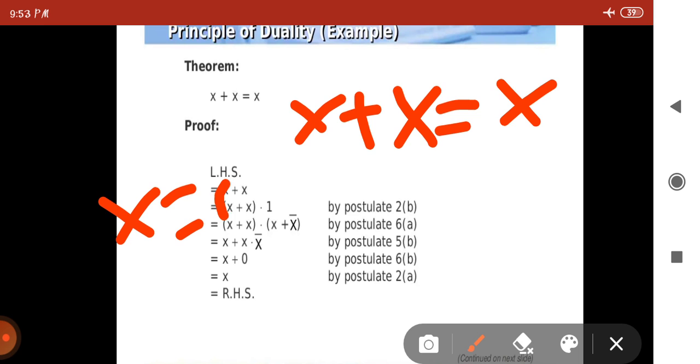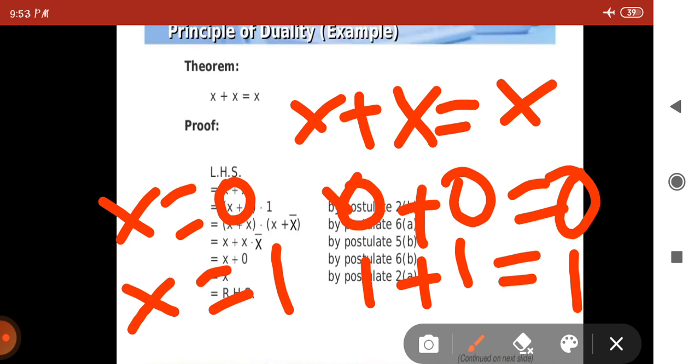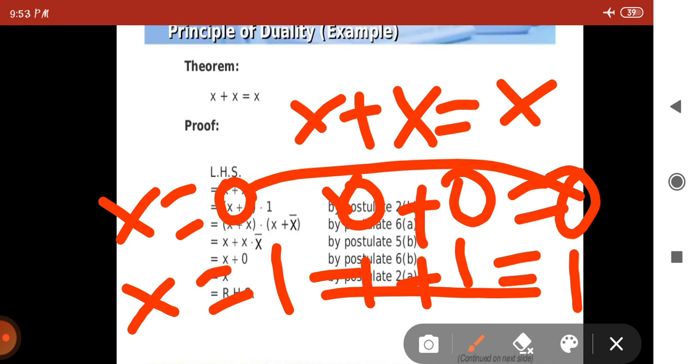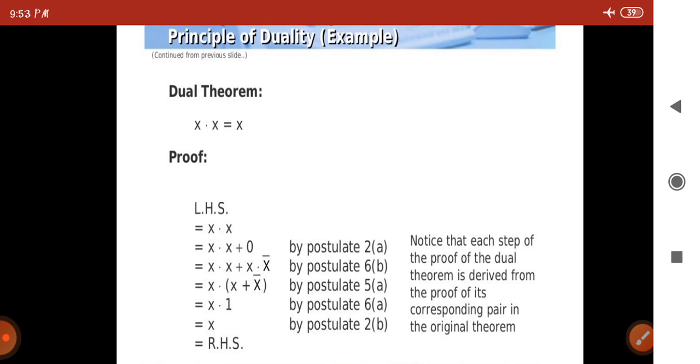X is 0. 0 plus 0 equals 0. Both are 1. 1 plus 1 equals 1. Yes? This is the way we have to understand the answers.